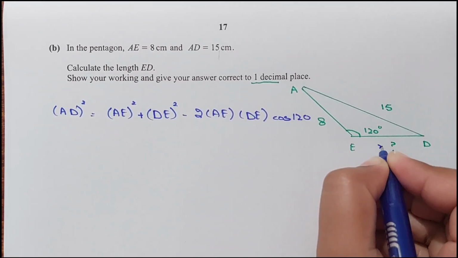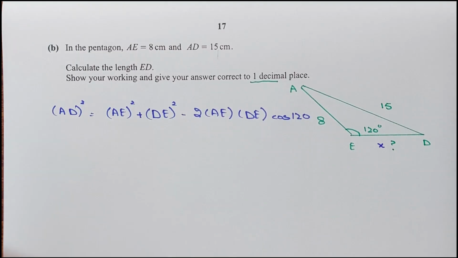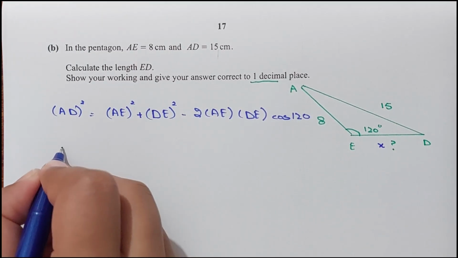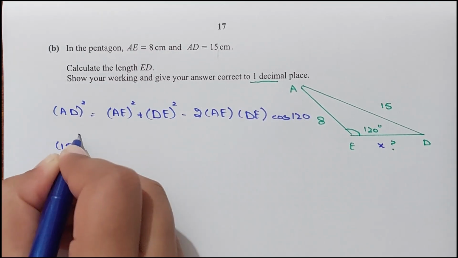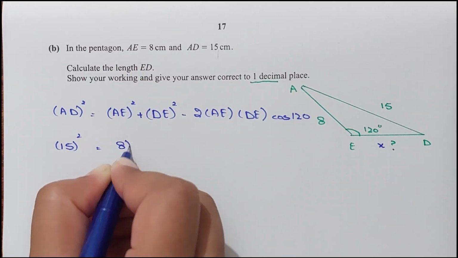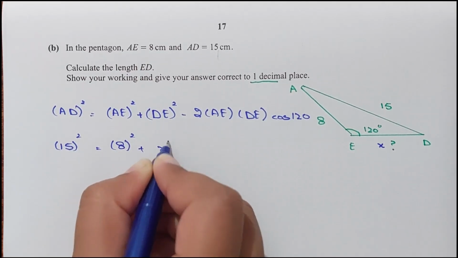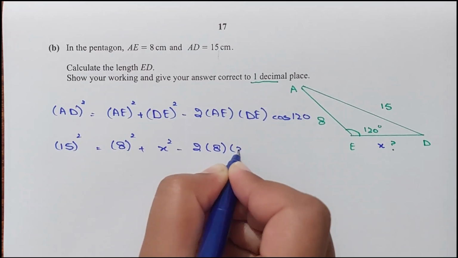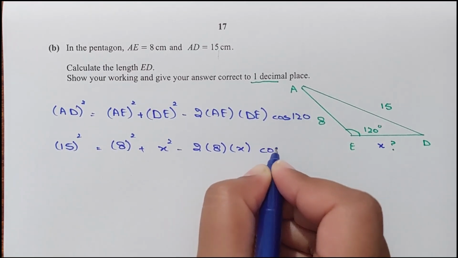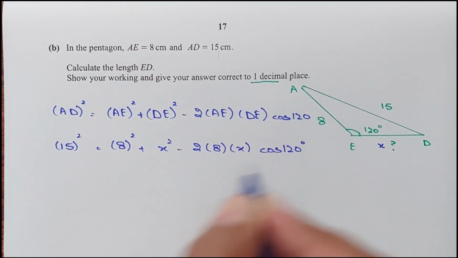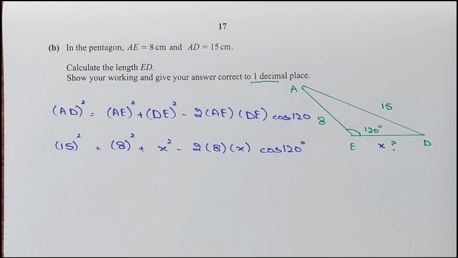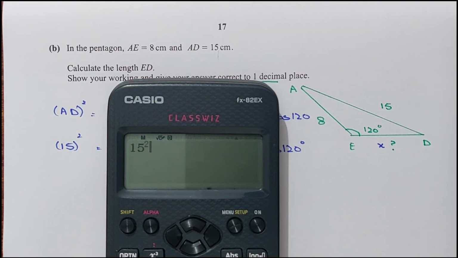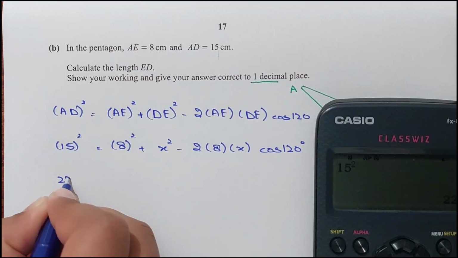Let's say DE is x. So AD is 15, squared. AE is 8 squared plus x squared minus 2 into 8 into x and cos of 120 degrees.